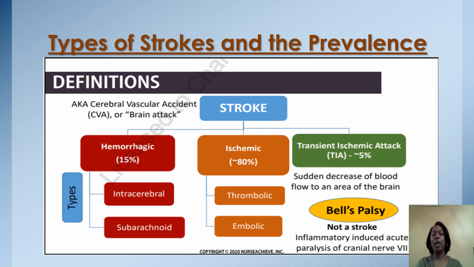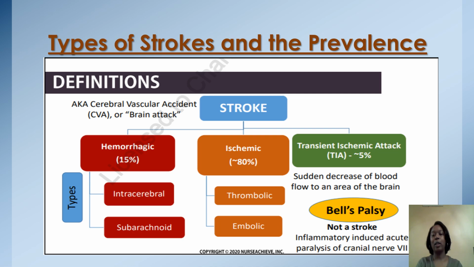This type of CVA is the most frequent type, and it is usually caused by an arrhythmia called atrial fibrillation, which is when the heart is ineffective when it contracts, and therefore clots usually form because the blood is flowing at a much slower rate and it is a stagnant pace.